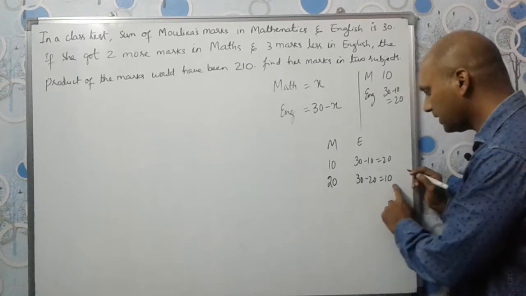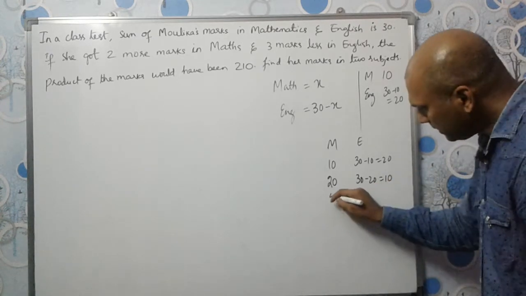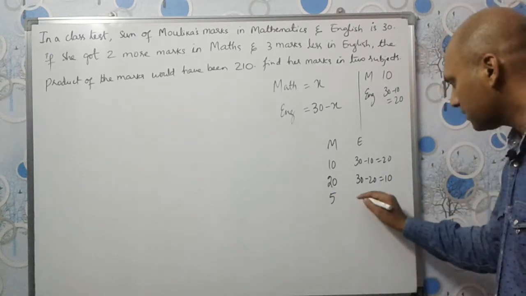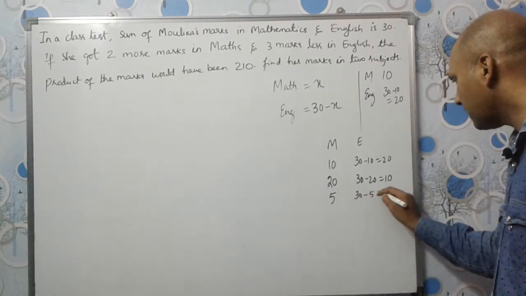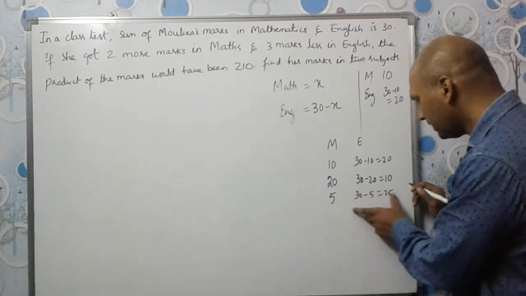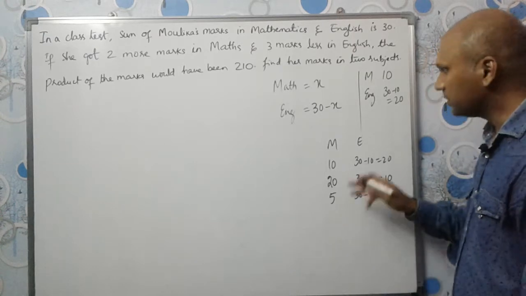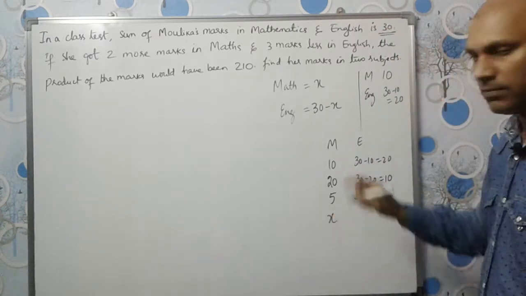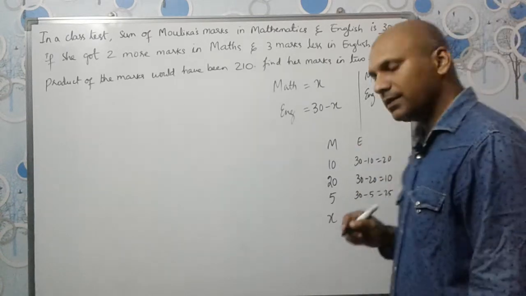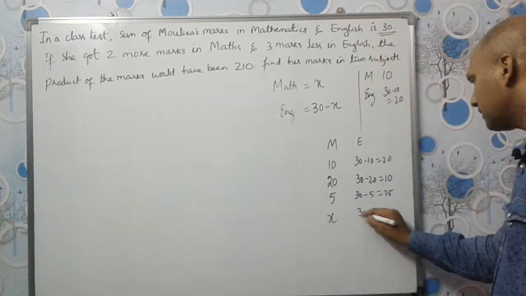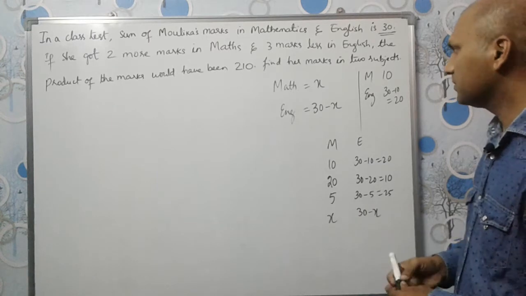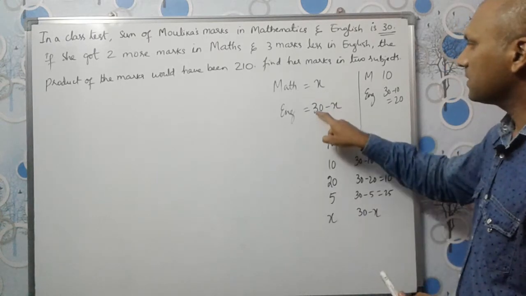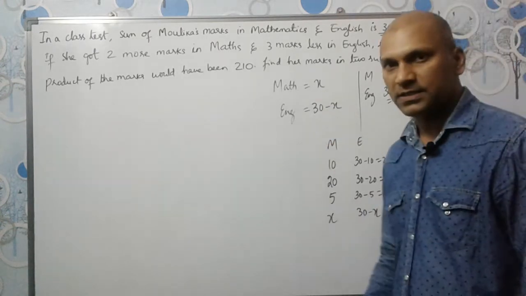So 20 and 10, 30. If she is getting 5 marks in maths, then 30 minus 5, 25 in English. Addition should be 30. Like this, if we take x marks in maths, in English she will get 30 minus x marks.